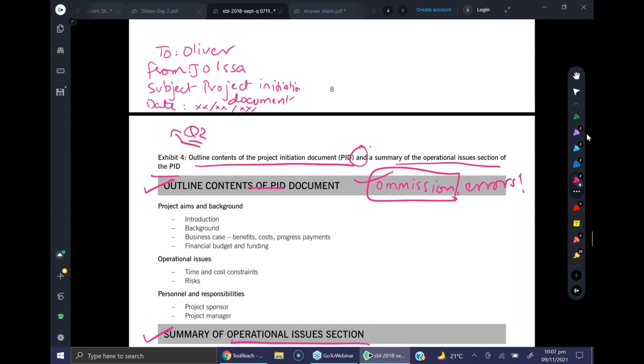So now listen to what tone I will be using if I'm writing the answer. I will first say, thank you, Mr. Oliver, for preparing this project initiation document and taking up this responsibility, and the summary of operational issues. And if there are issues, you can say that there are a number of feedback points I would like to highlight in this memorandum, and I will also be suggesting improvements to better update the document.